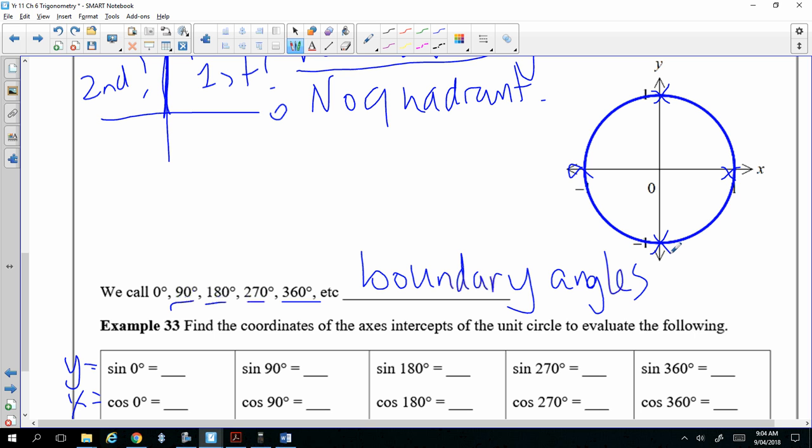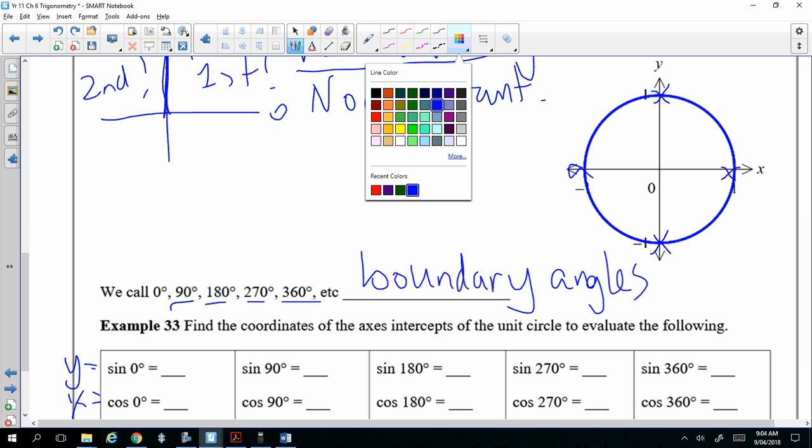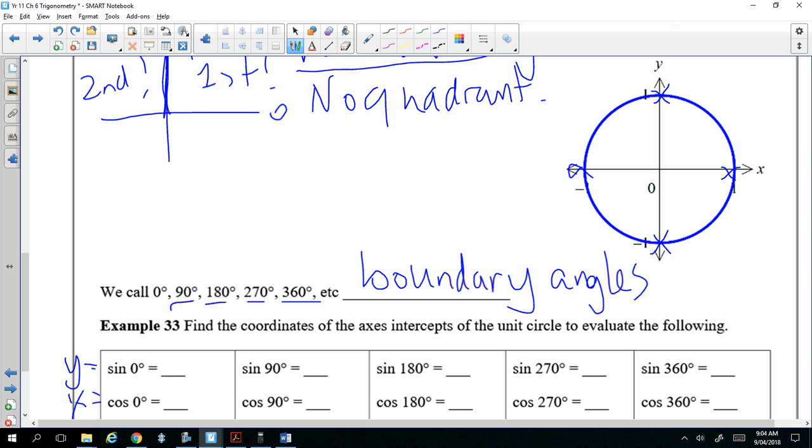Let's work out the points. What will be the coordinates of these points? Let's look at the first point. What are the coordinates of this point? Well, to get to that point, you have to go 1 across, 0 up, so write 1, 0. How about the coordinates of the other point?